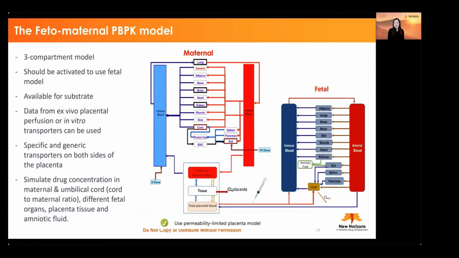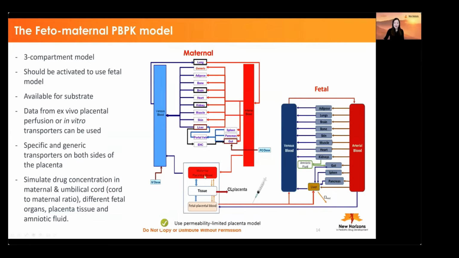So for this purpose, the previously described maternal PBPK model was further expanded by the inclusion of this 3-compartment placenta model, which is then linked to this fully mechanistic fetal model. Essentially, this kind of model framework allows you to define drug transfer between the maternal and the fetal side.